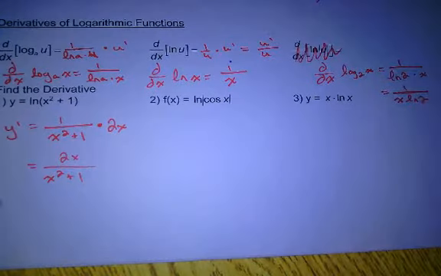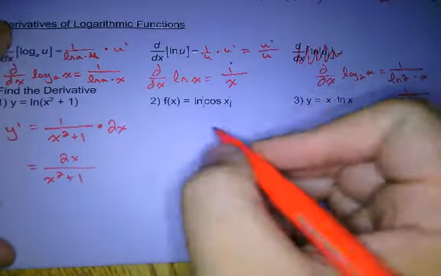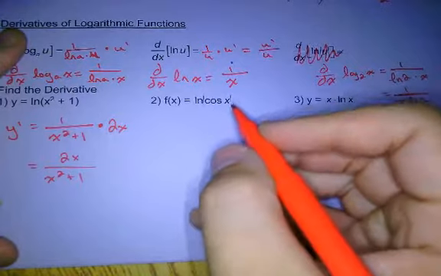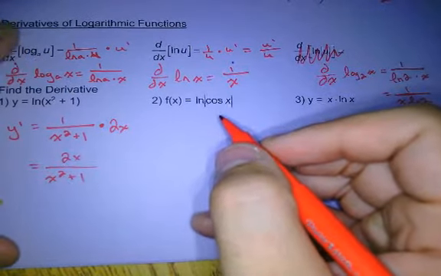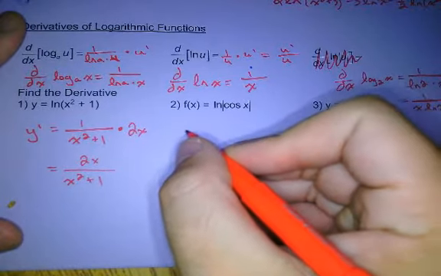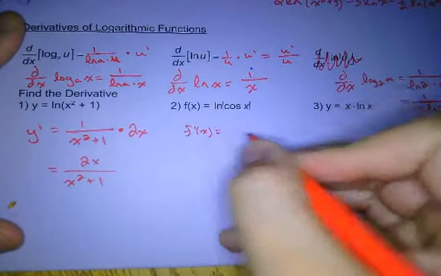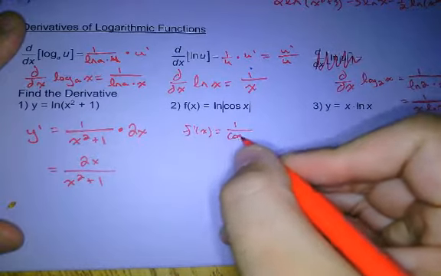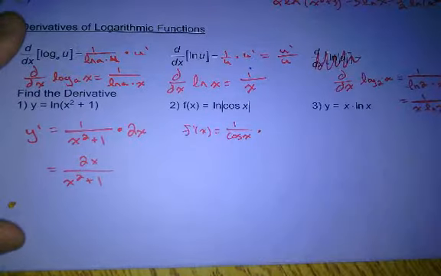Okay, so now let's go ahead and do this one. You tell me. What's the first thing you do? What's the derivative of the ln function? 1 over cosine times, what's the inside?